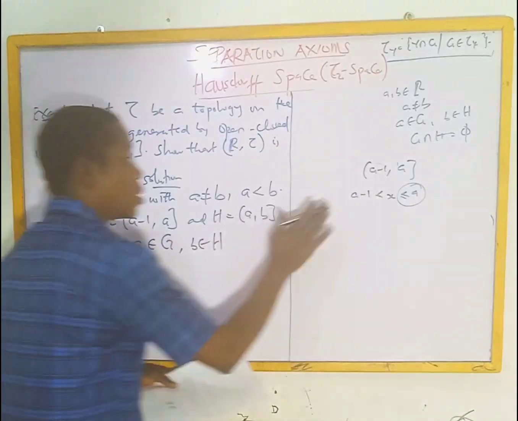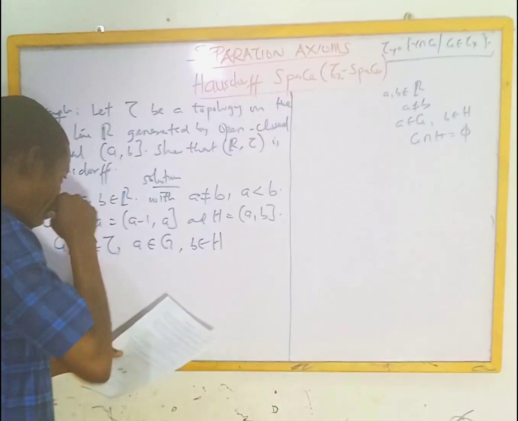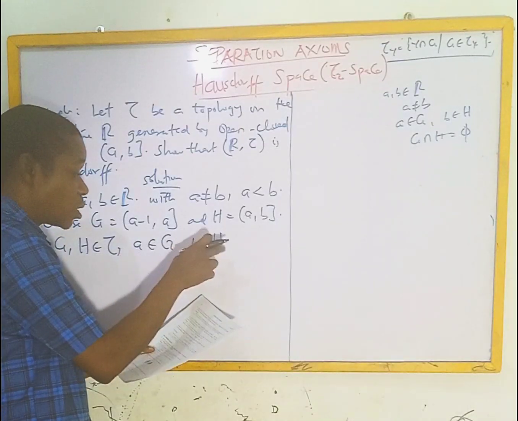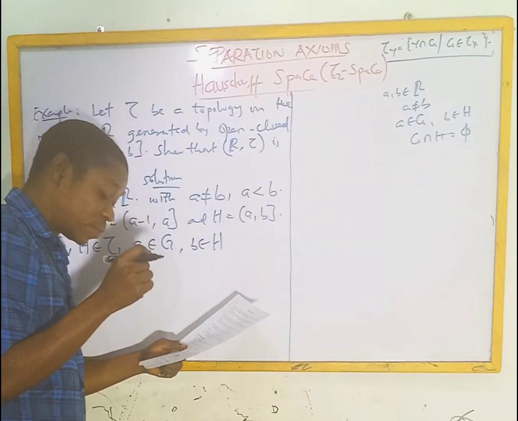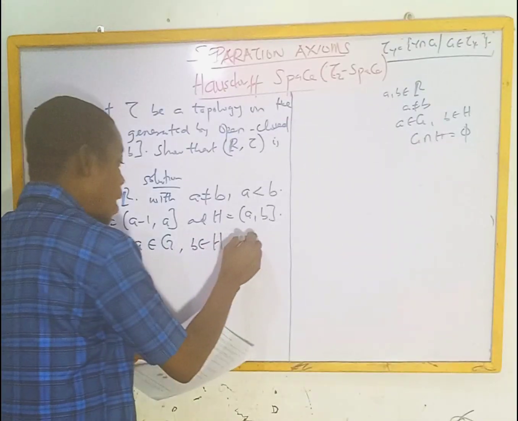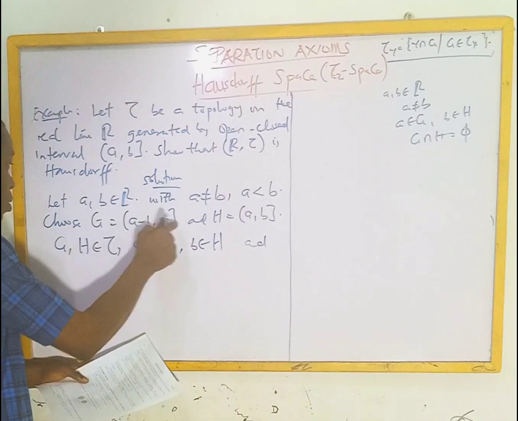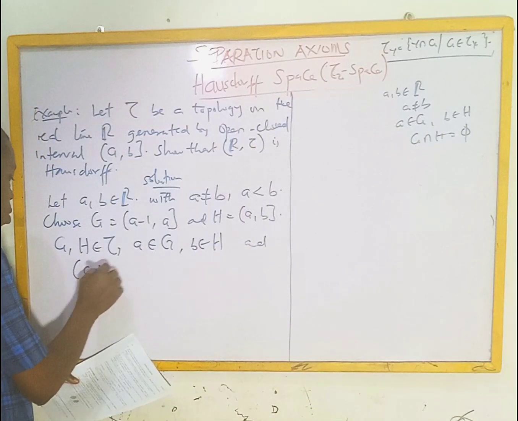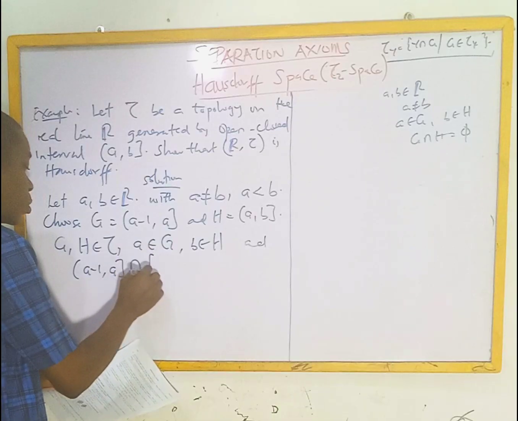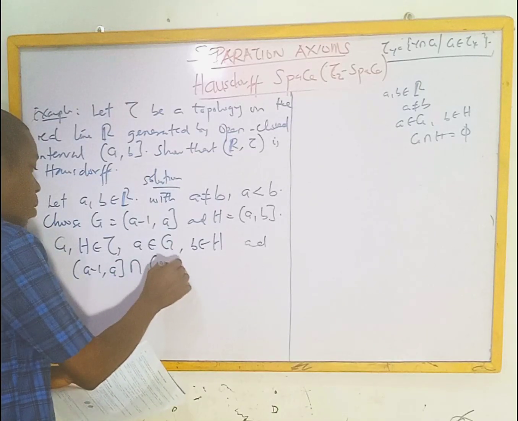Let's say you have H with this now. So we have A in G, B is in what? Is in H. Did you get that? Then, is there an intersection between, look at it, can I have (A minus 1, A] intersection the open set (A, this one) now?